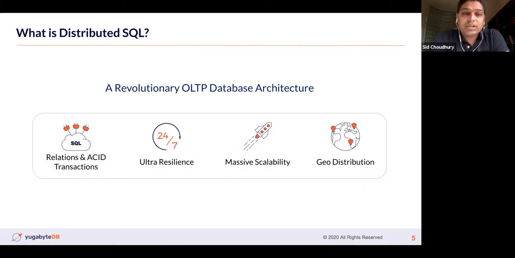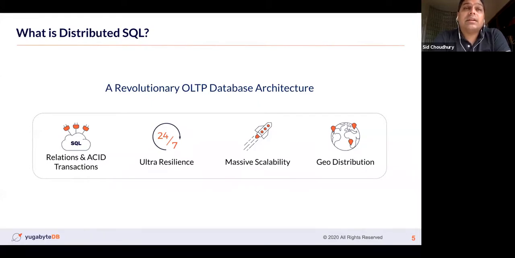Now, why is distributed SQL special? First and foremost, it is the SQL part, which is, it has support for relations and ACID transactions. So that's given. Second part is the distributed part. Now, the distributed part gives us three core benefits.